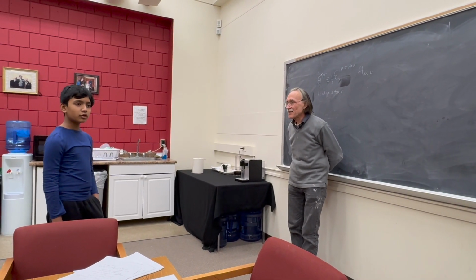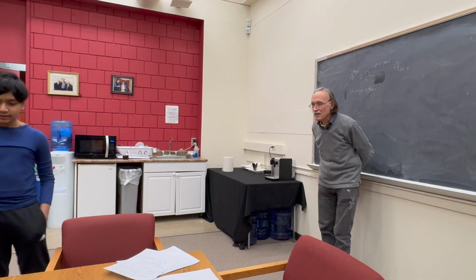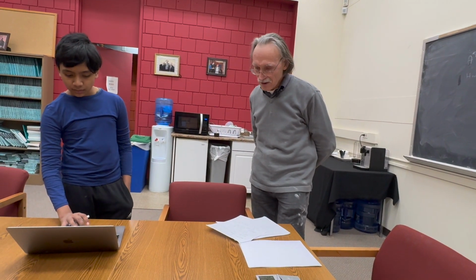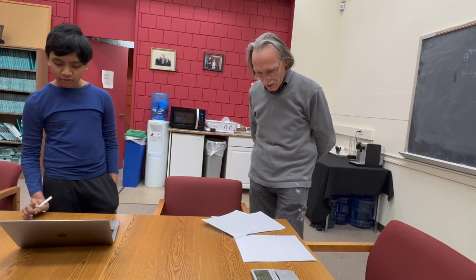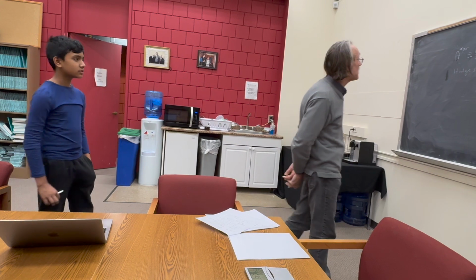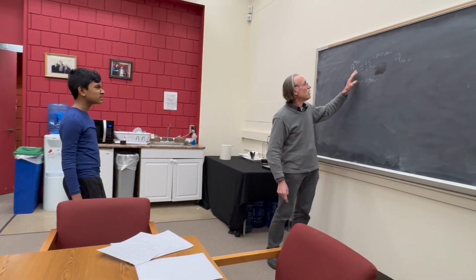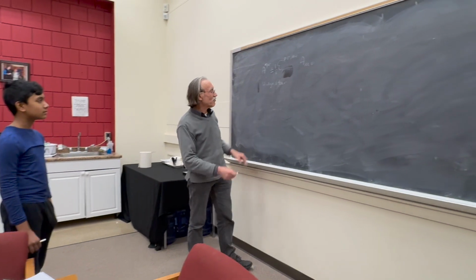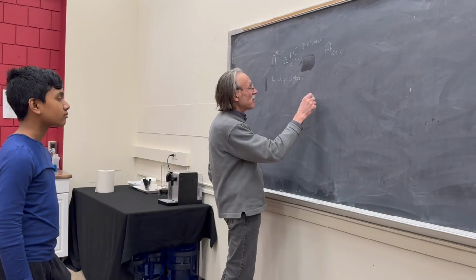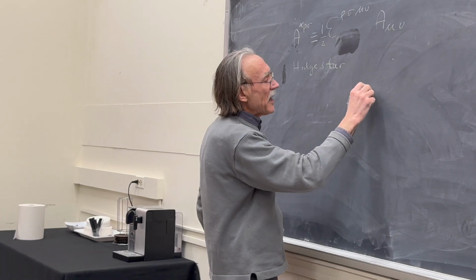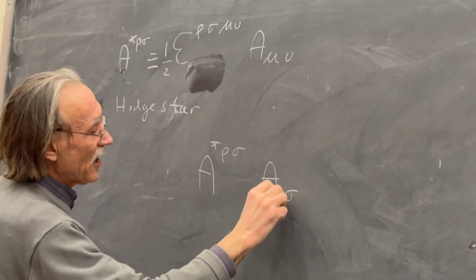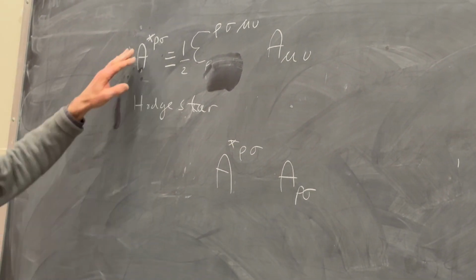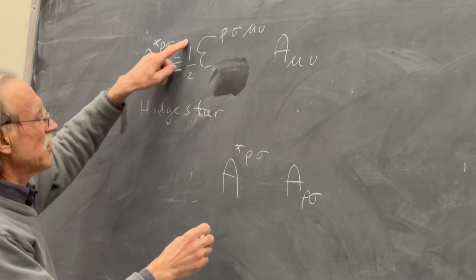So you defined pseudo-invariant over there, and here you say that the multiplication of the dual tensor by A is a pseudo-scalar. Does it have a similar definition? Yes, pseudo-scalar. That means if you transform this according to Lorentz transformation, we look at A rho sigma star times A rho sigma, and A rho sigma star is given by that.